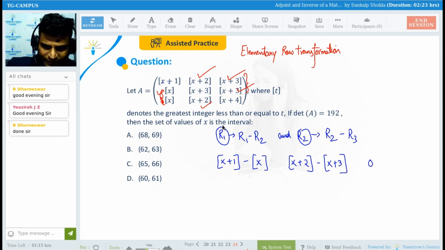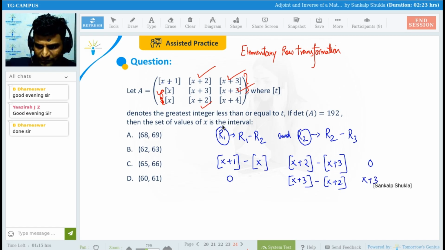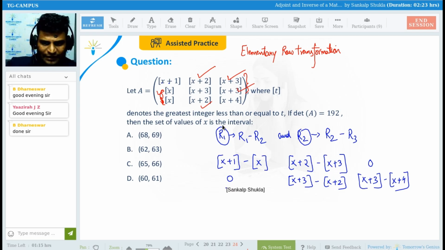This is 0 because GIF of x minus GIF of x is 0. R2 has x plus 3 minus x plus 2, and x plus 3 minus x plus 4. The third row stays the same: GIF of x plus 2 and GIF of x plus 4.